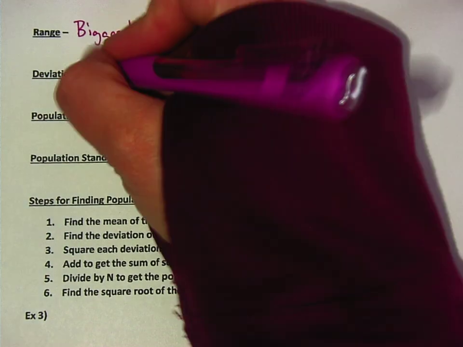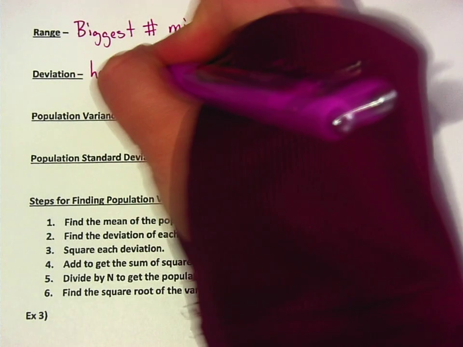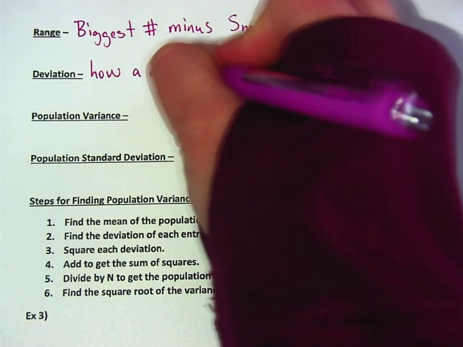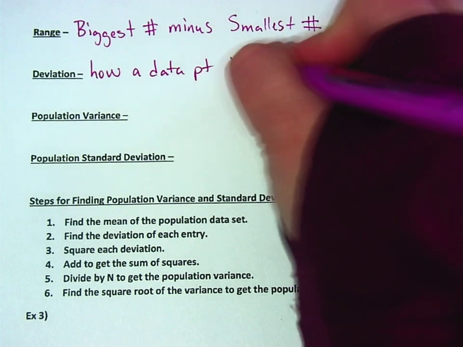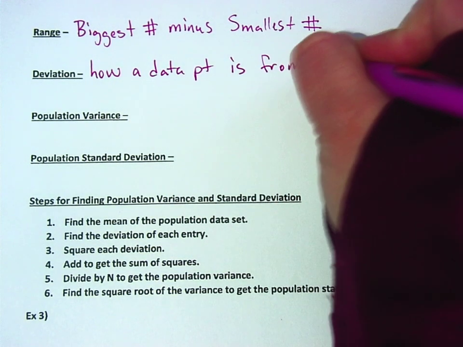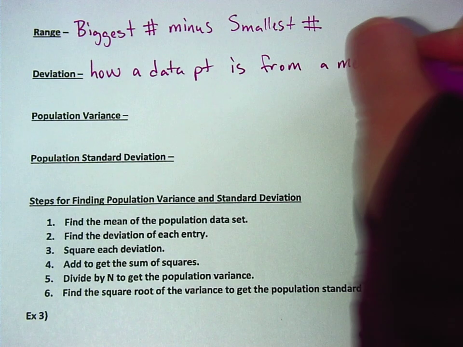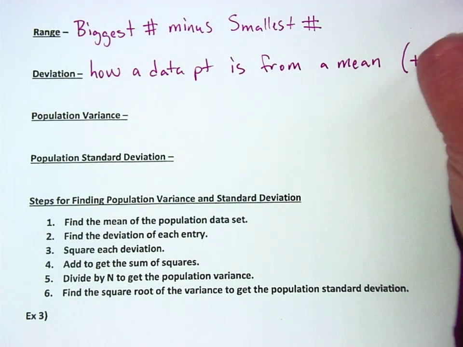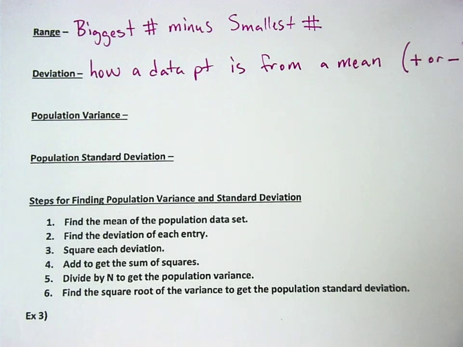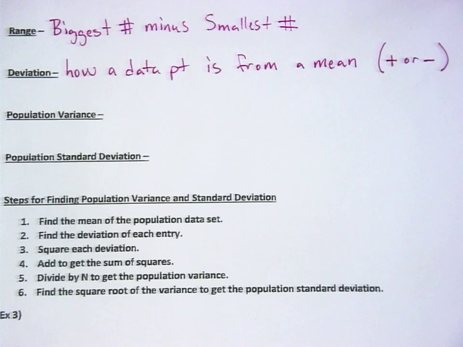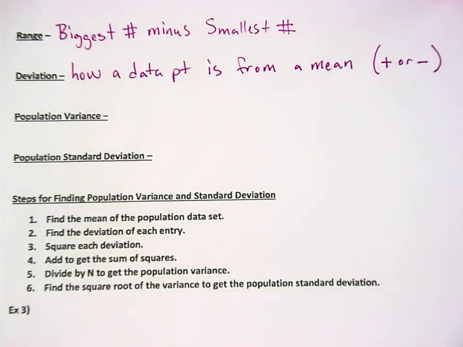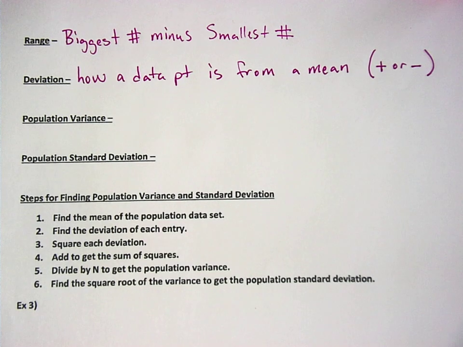Deviation. Deviation is how far a data point is from a mean. You can have positive deviations or negative deviations. If something is bigger than a mean, that is positive. If something is smaller than the mean, it is negative.